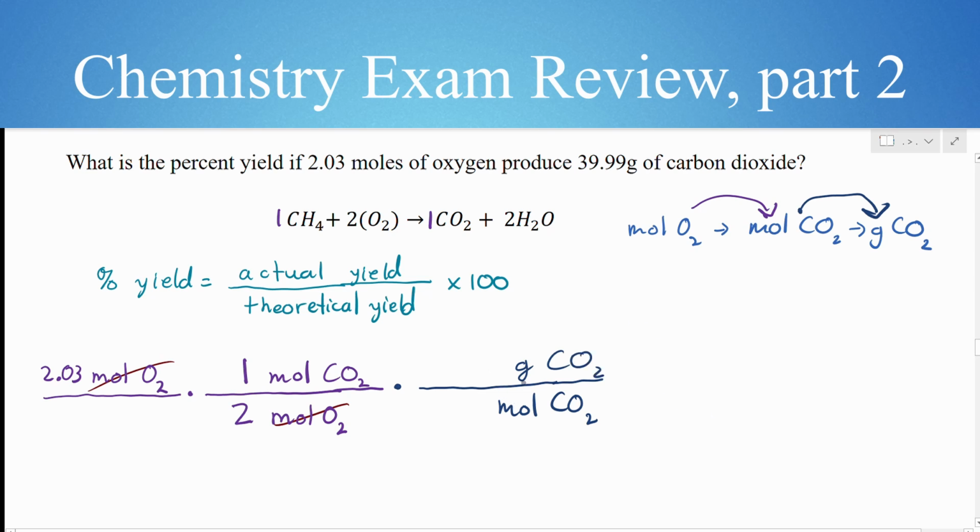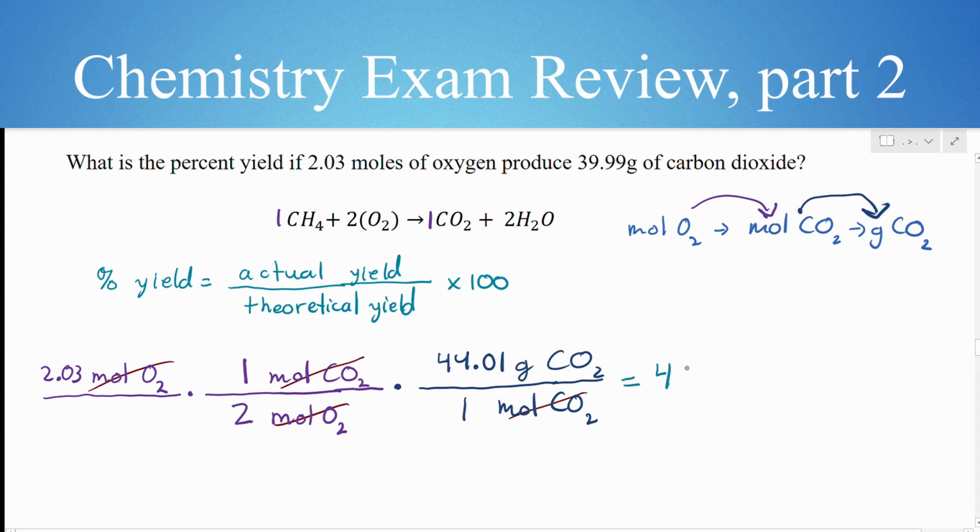Now the molar mass of carbon dioxide is the atomic weight of carbon plus 2 oxygens, and this is going to be 44.01 grams per 1 mole of carbon dioxide. Now that we have moles of carbon dioxide on the top and bottom, we can cancel out that unit, leaving us with grams of carbon dioxide. We know this is the unit that we want, so now we can just multiply straight across.